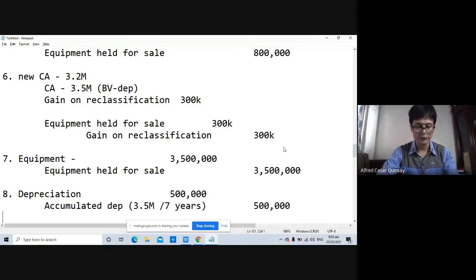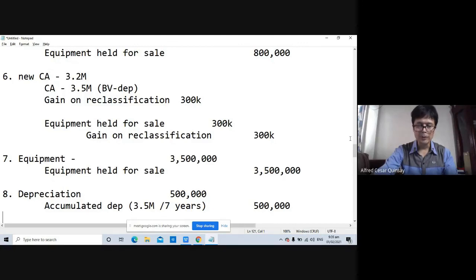So, PFRS number 5, paragraph 3 provides that the assets classified as non-current asset in accordance with PAS number 1 shall not be reclassified as current asset until they meet the criteria to be classified as held for sale. Ayan.